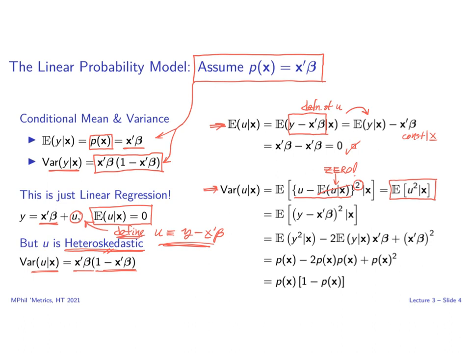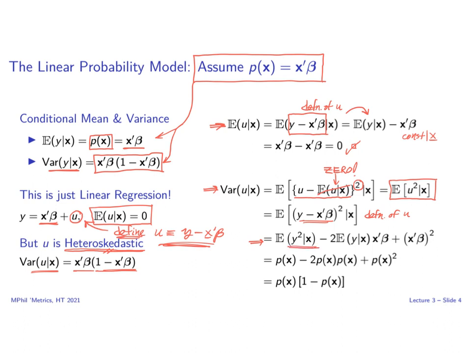Now, substituting the definition of u, namely u equals y minus x prime beta, and using the linearity of conditional expectation after expanding this quadratic, we obtain the following expression. The first term is the expected value of y squared given x.